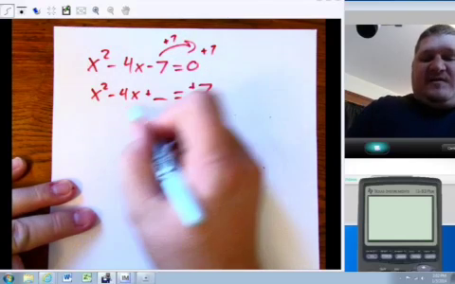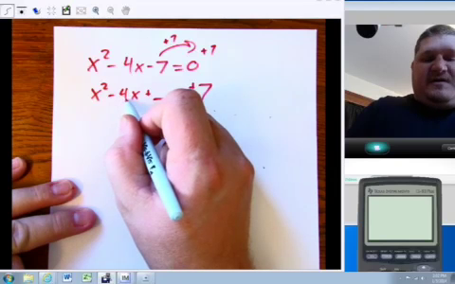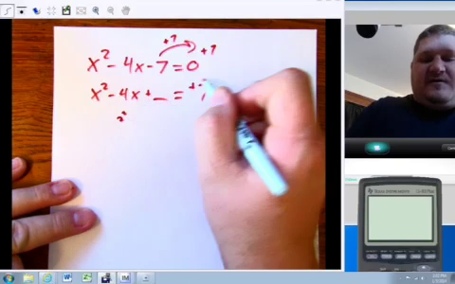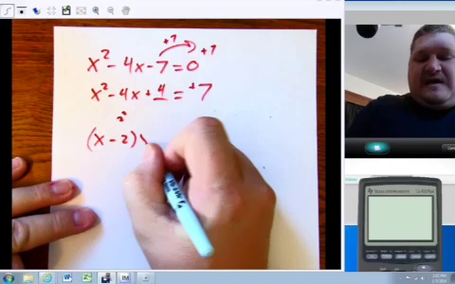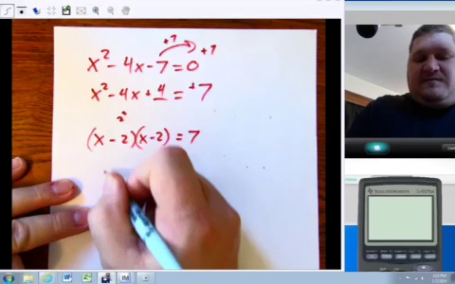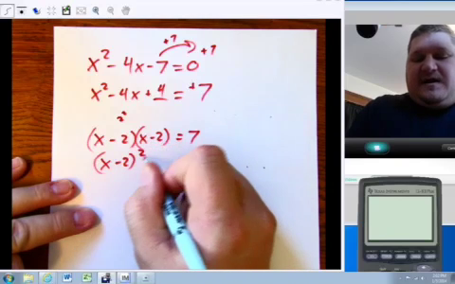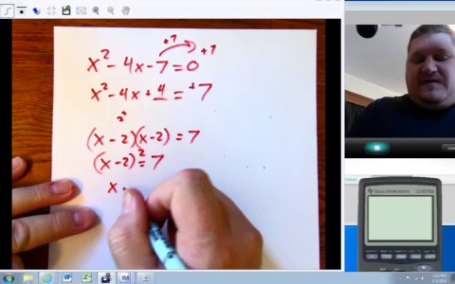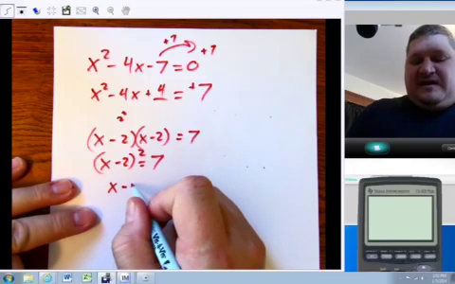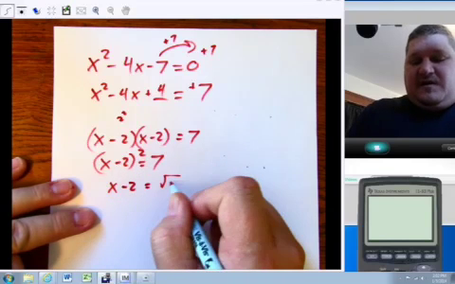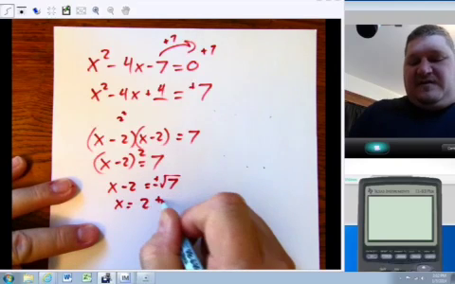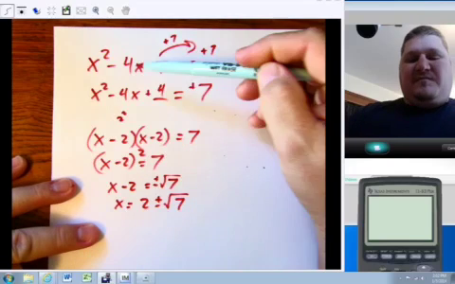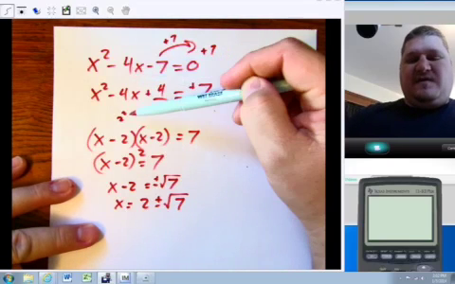And I'm going to figure out what is 4 divided by 2 and then square it, so that is 4. So I come up with x minus 2 squared equals 11. If I solve at this point, x minus 2 equals the square root of 11 plus or minus. x equals 2 plus or minus root 11. Middle term divided by 2, then square it.